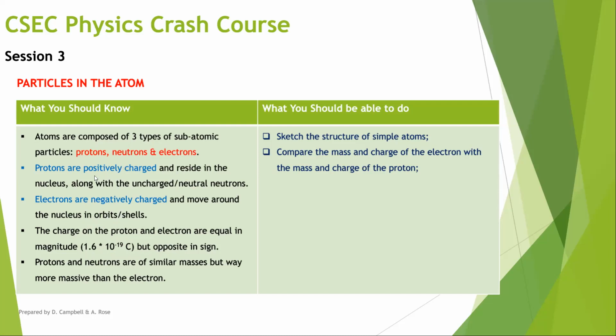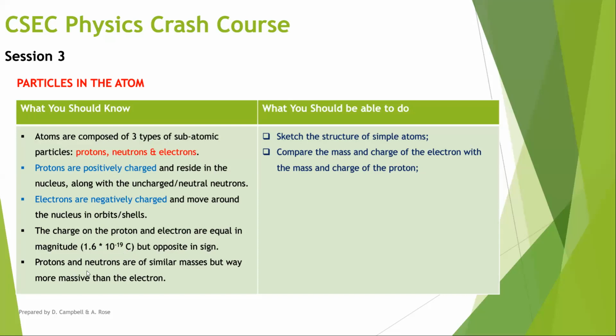So for the proton, we mentioned they are positively charged, but the electrons are negatively charged. So the only difference is the sign of the charges. They have the same value, which is 1.6 times 10 to the minus 19 coulombs.